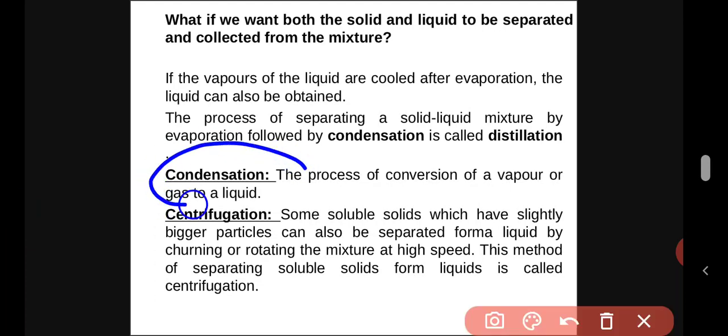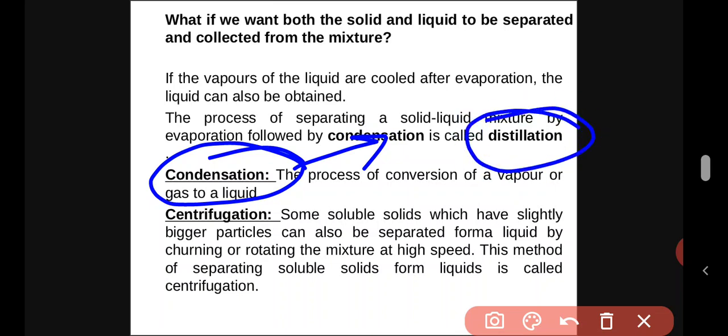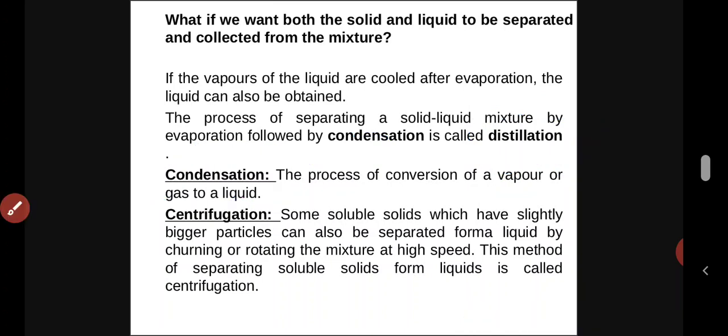Hope you understand the condensation process which we are applying here. Now this total process is what we call distillation. Distillation is a process where we separate the water into its purest form.